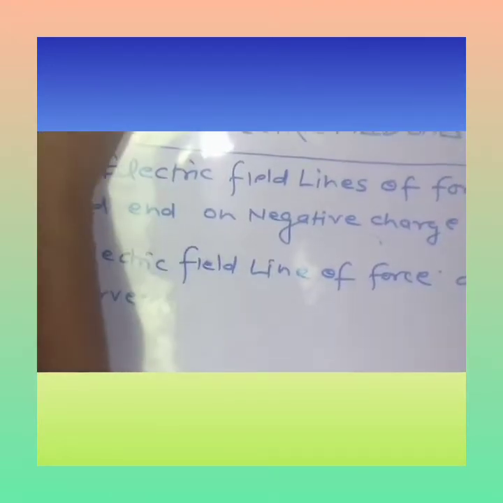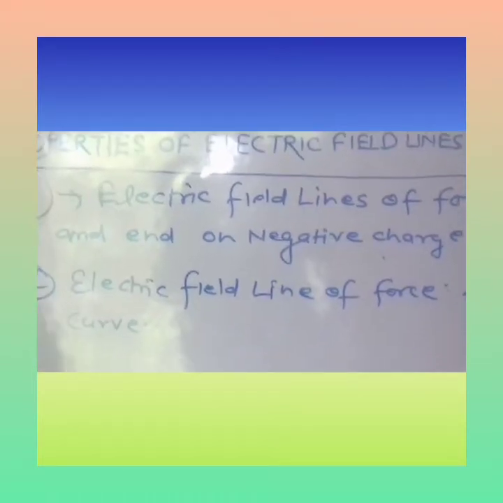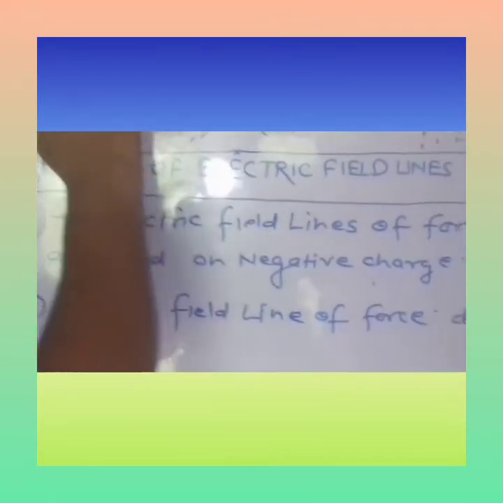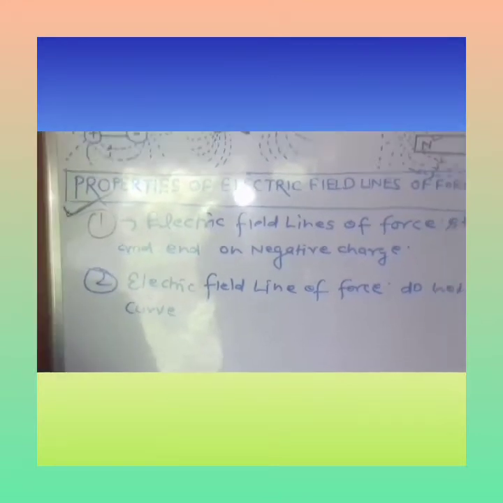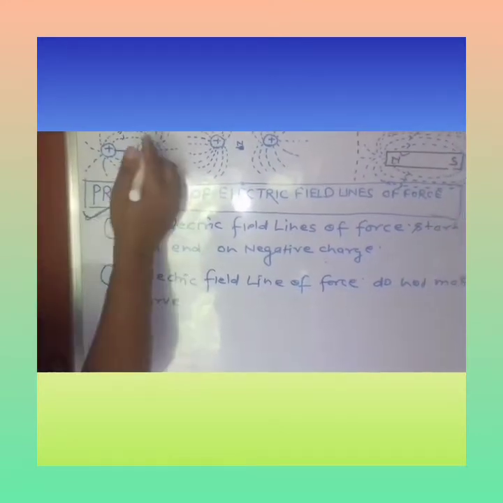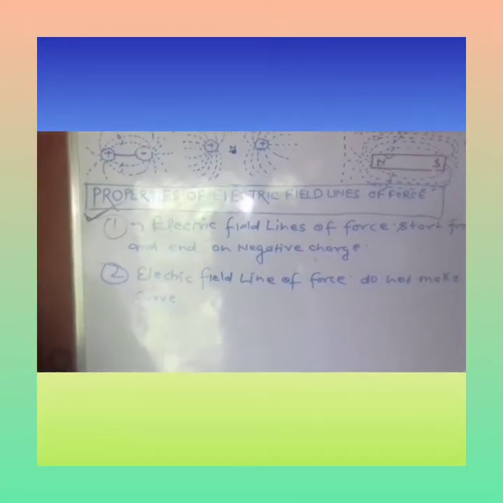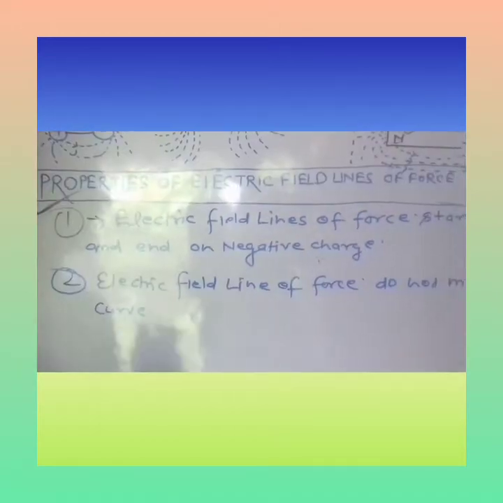It means the line will start from the positive charge and it will terminate on the negative charge. Again, it will not come from the negative charge towards the positive charge like the magnetic field lines.